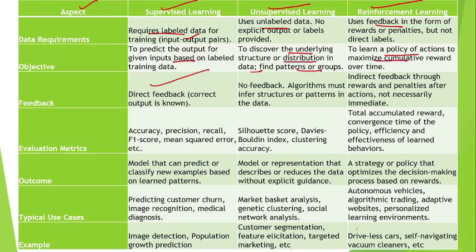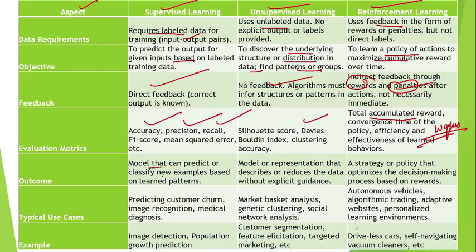Feedback: direct feedback, no feedback, and indirect feedback through rewards and penalties. Evaluation metrics: accuracy, precision, recall; the Davies-Bouldin method and clustering accuracy; and total cumulative reward. We have seen the Wumpus problem in artificial intelligence, where you get a reward based on the feedback, correct? And it has to move. Otherwise, there are other things, like driving a car also.